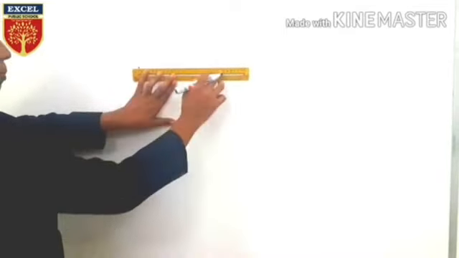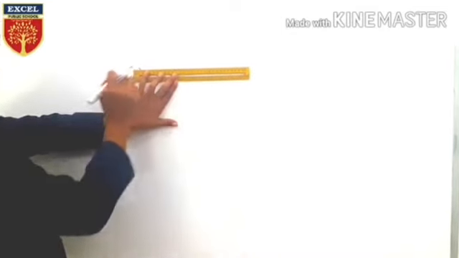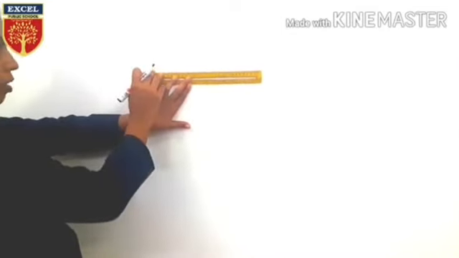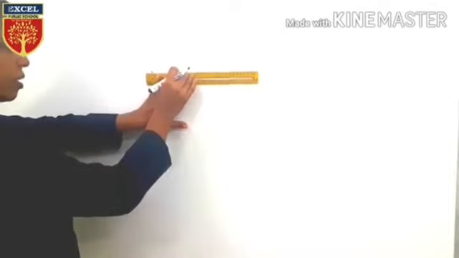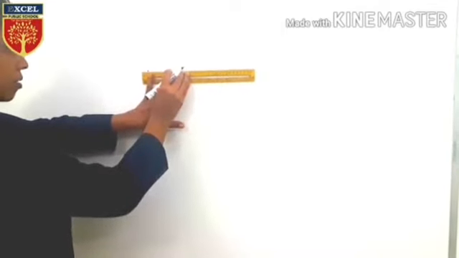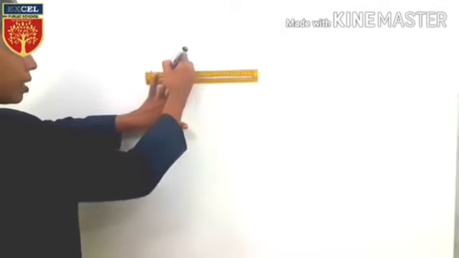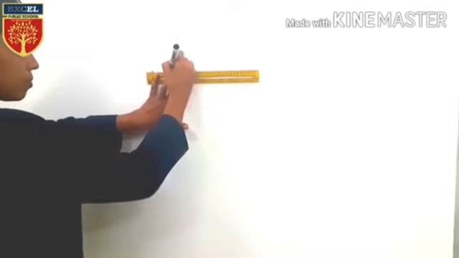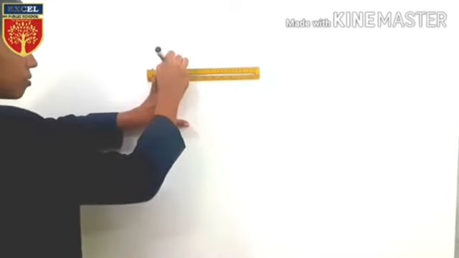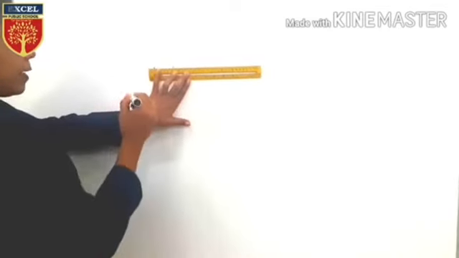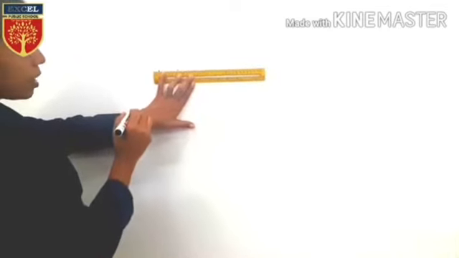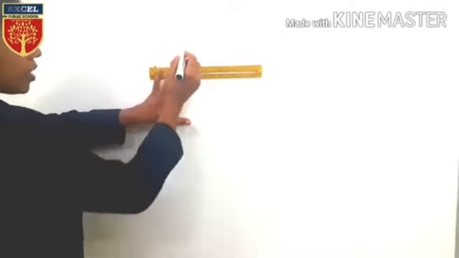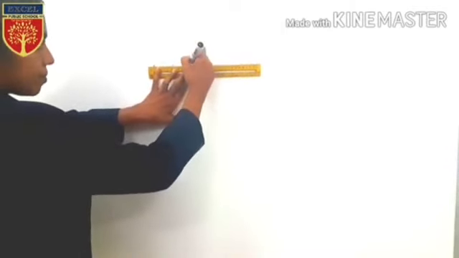On the scale you can see many numbers, right children? So first I put a dot on number 1, then next on number 2. Next, where should I put the dot? Yes, next on number 3.